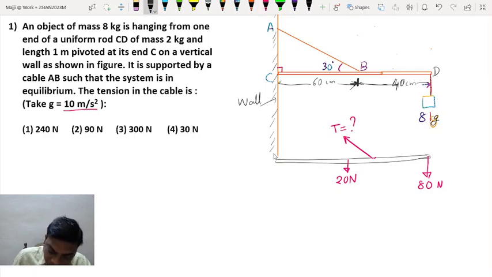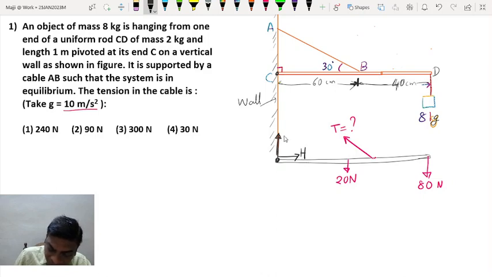Now the most important thing is that it is pivoted here. A pivot is basically a hinge. You can call it a hinge. So it will have two reactions, one horizontal reaction and the other vertical reaction.